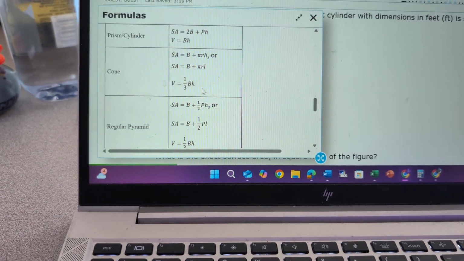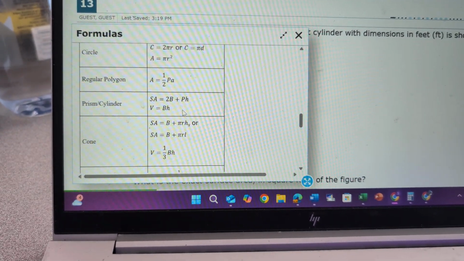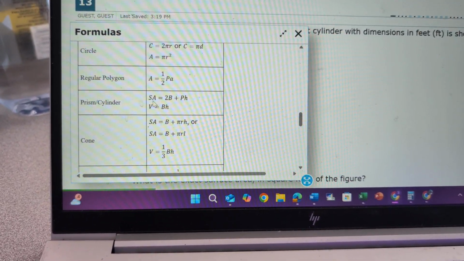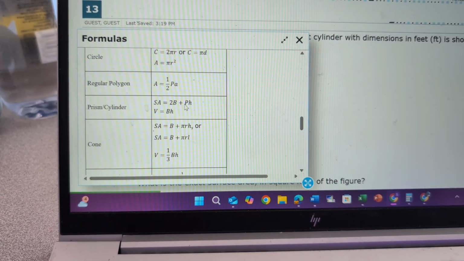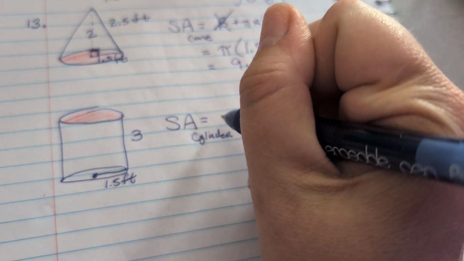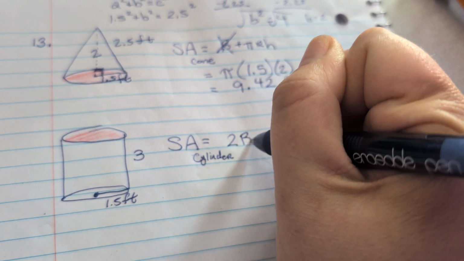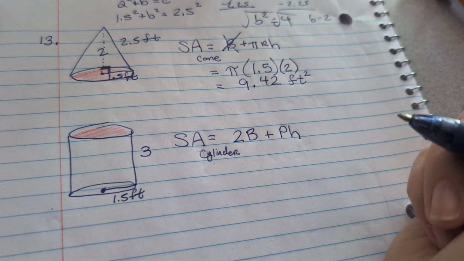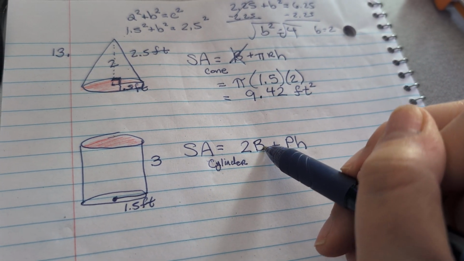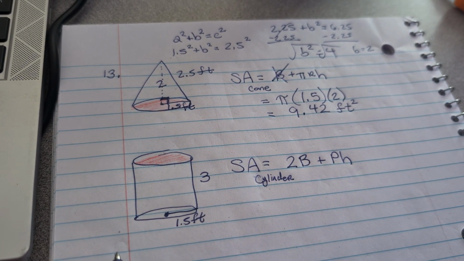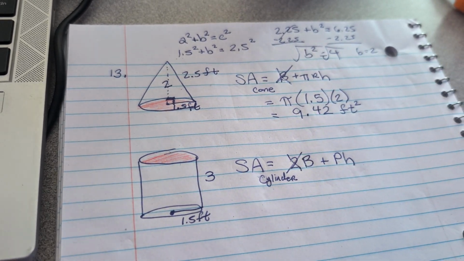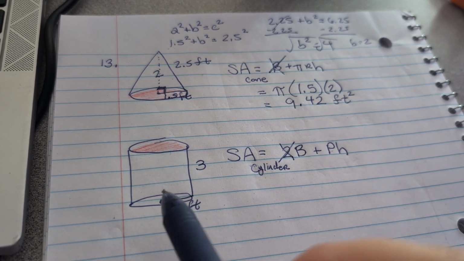Fortunately, the cylinder isn't going to be all that much work. Let's find a cylinder. And our surface area is 2 times base plus p h, where p is perimeter. So 2B plus pH. 2 times our base, but because these are fused together, I'm not counting one of my bases. So I'm just using one of my bases plus perimeter.